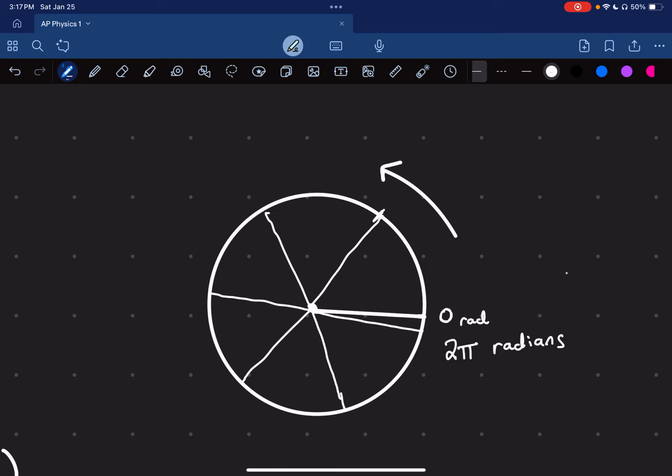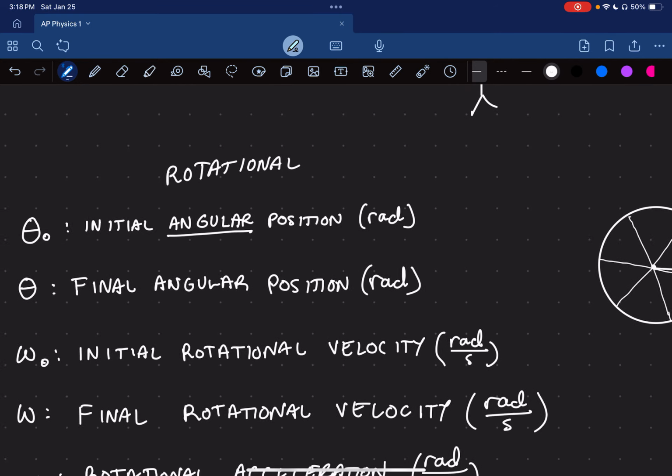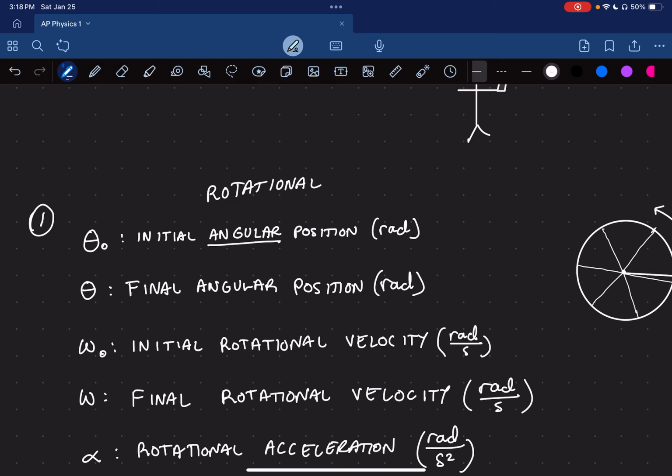So in other words, 360 degrees is equivalent to 2 pi radians, which just means 6.28. It's related to pi, so these decimals continue, but it's about 6.28 times the length of the radius to go around the full circle. Cool. So we have the first two, the initial angular position and final angular position in radians.